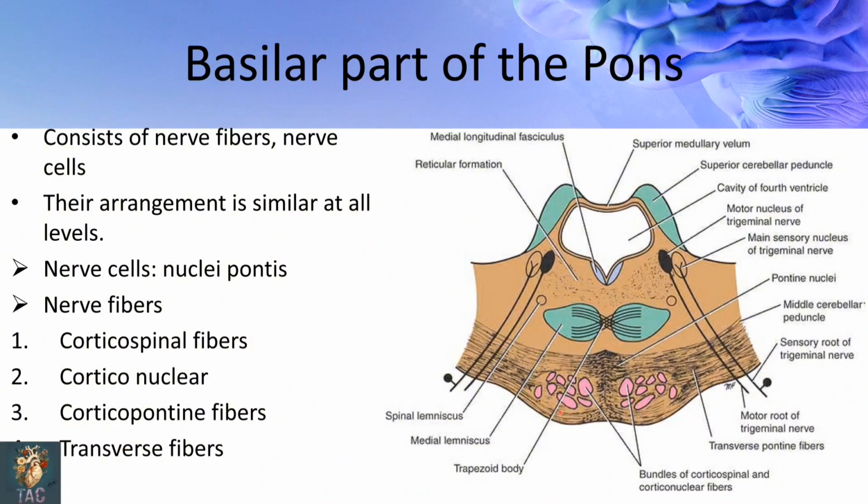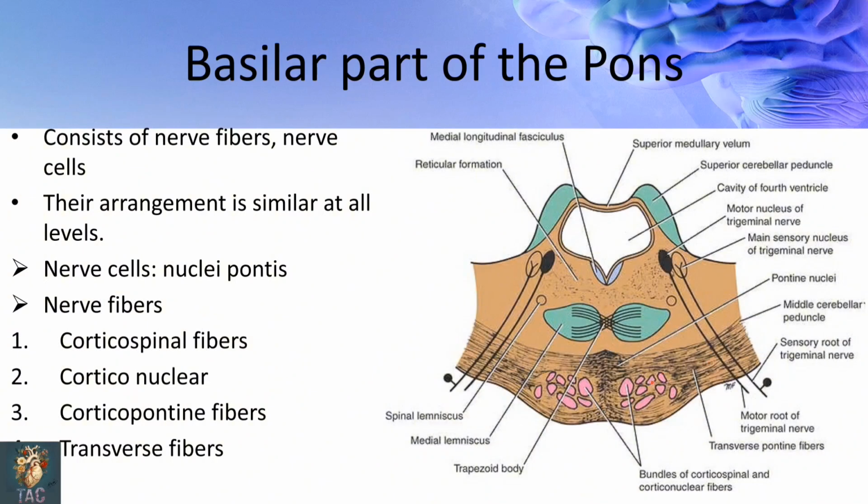Then the corticopontine fibers relay on the pontine nucleus present here, then cross to the opposite side and ascend. So the crossing fibers form the transverse fibers. These transverse fibers are the crossed fibers of the corticopontocerebellar pathway.